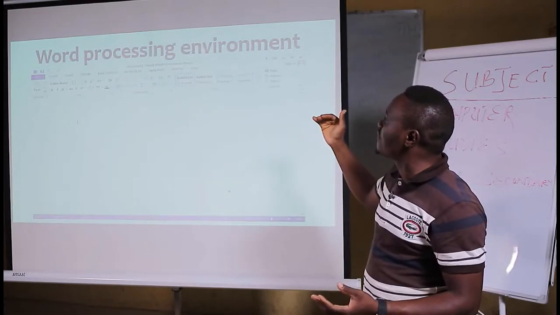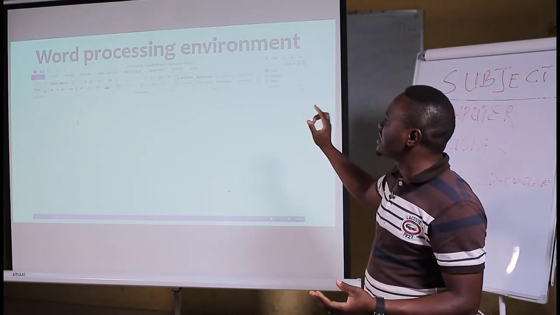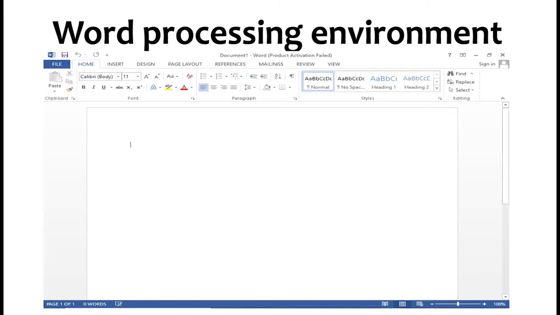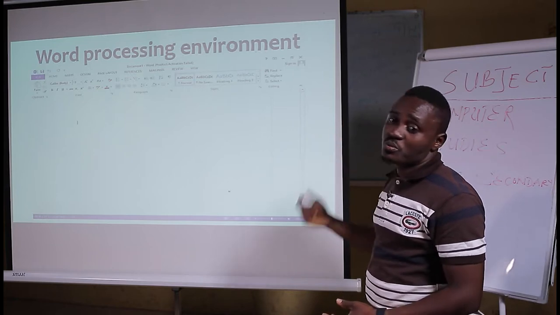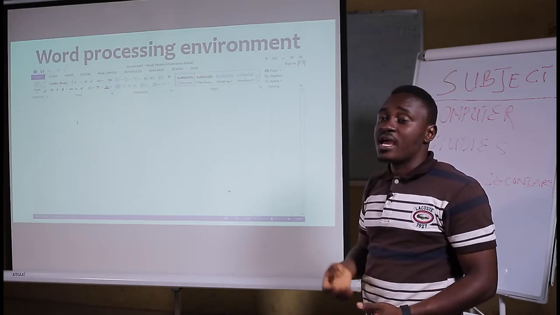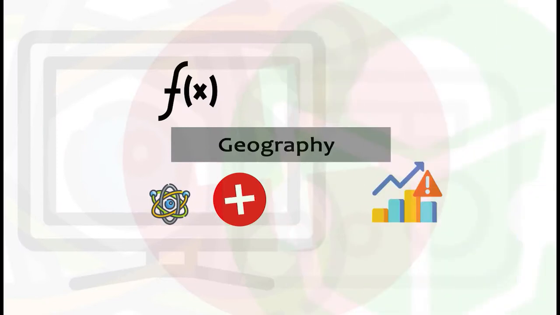But this is the most recent. This is a Windows. This is the open page or the start page of the word processing environment. We can see it. So we're going to discuss all of these features, everything you're seeing from top to bottom, to see what they stand for and how we can use them.